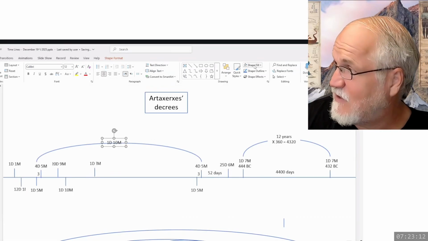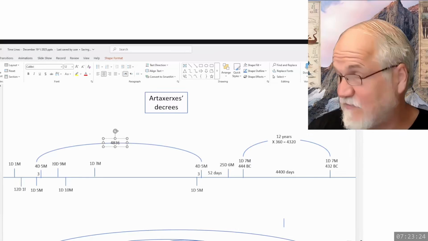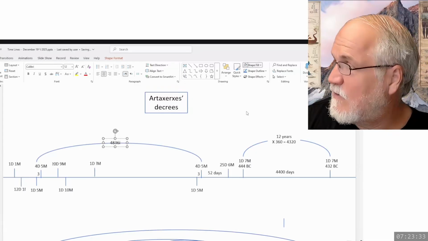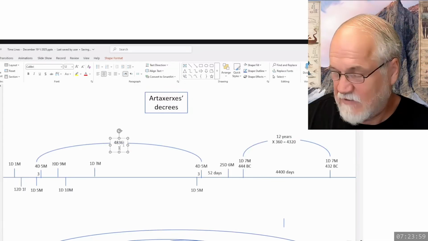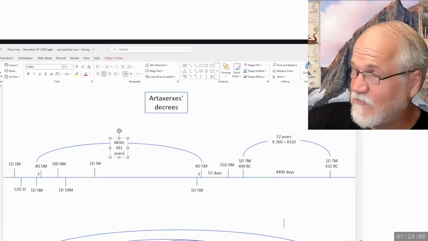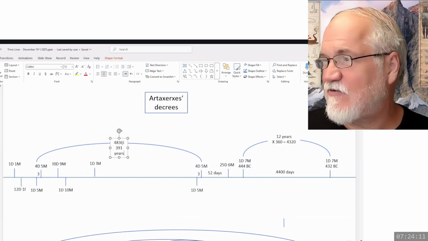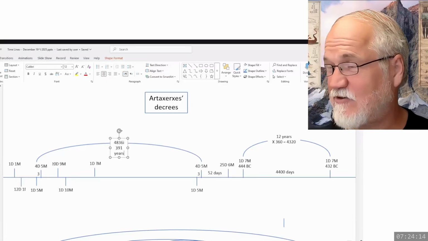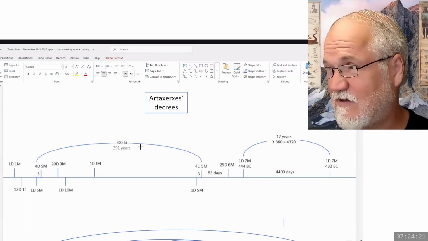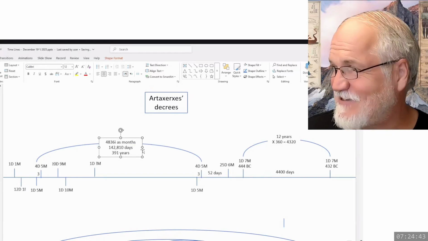Does anybody know what 4,836 represents? Well, that's an inclusive count. So I'll just put an I beside it. So inclusive count from there to there, you see, that would be 391 years. If you take it as months, 4,836 months is 391 years. That's the number of months in 142,810 days. That makes sense to anybody?